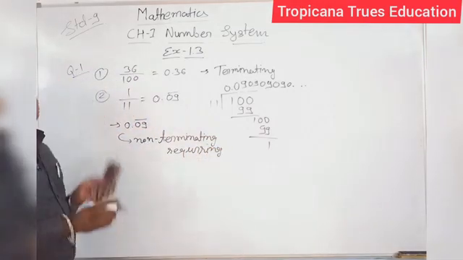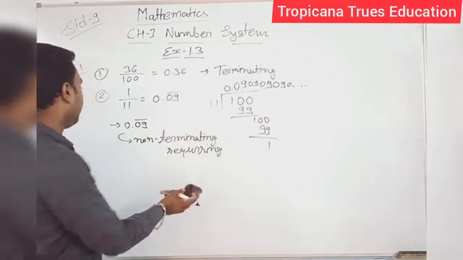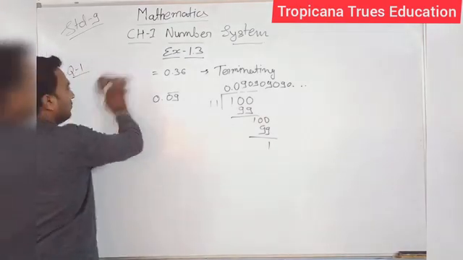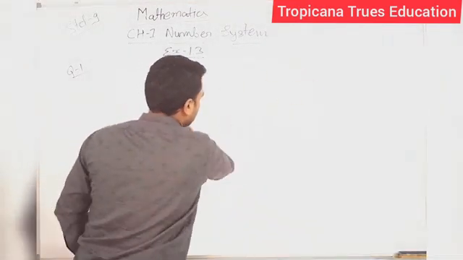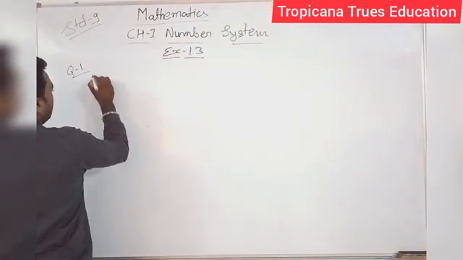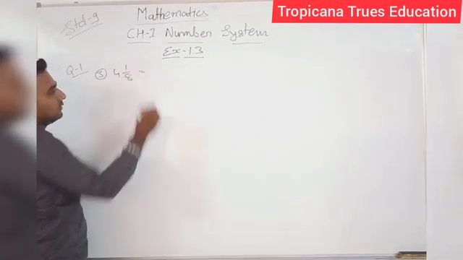Clear? Then next, third one is 4 integer 1 upon 8. Now see, it is in the mixed fraction.